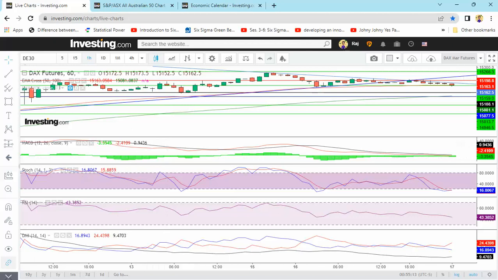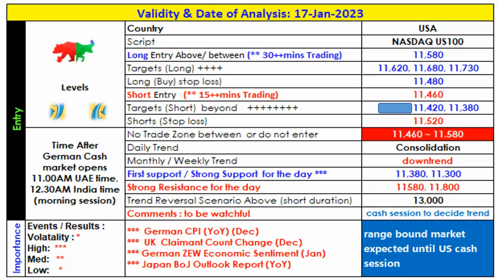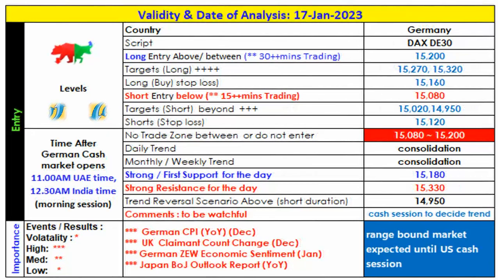Now looking at this, let's see what the targets for the day are for DAX. For DAX, I would enter only at 15,200, and my targets will be 15,270 and 15,320. I'm not expecting this to go beyond 15,270, actually.